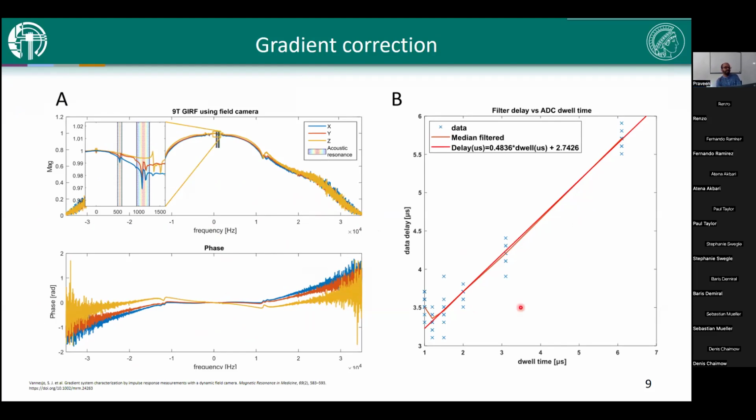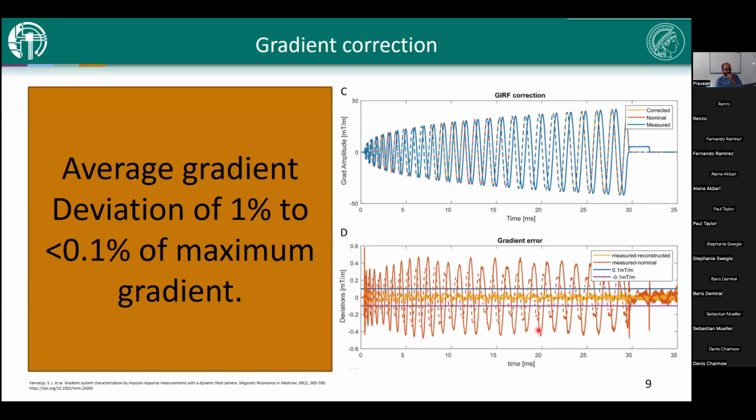So we can calibrate that as well, so that when your dwell time changes, the data is properly synchronized with your trajectory. When you apply the gradient impulse response function, you pretty much see no change. There is only like 1% of deviation, shown in this orange line.